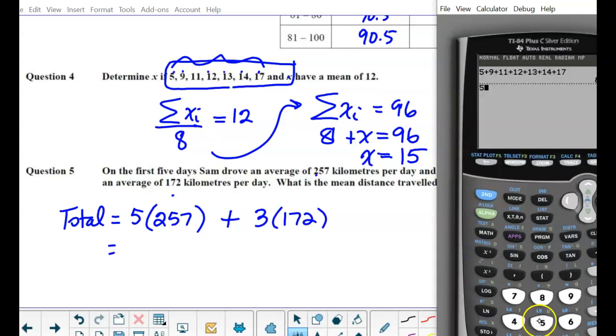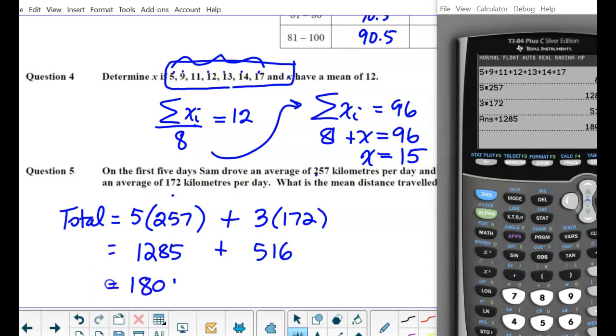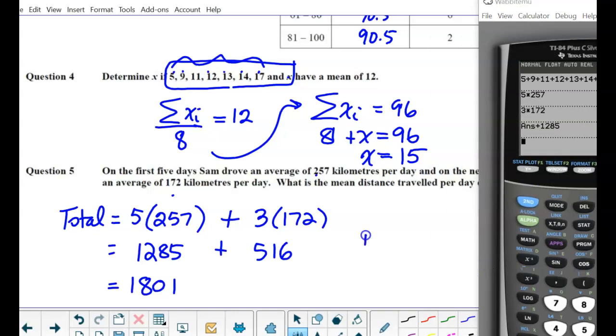So 5 times 257, 3 times 172, add those together, okay, so then the mean will be 1801 divided by the 8 days.